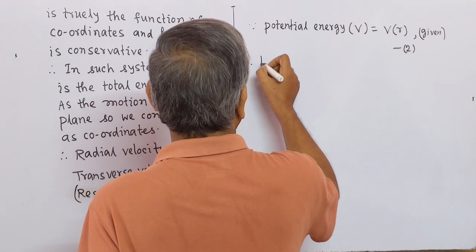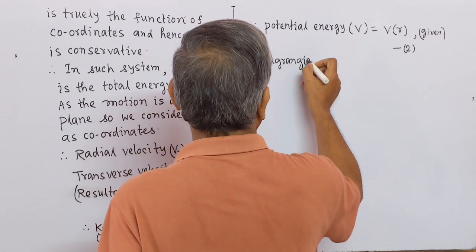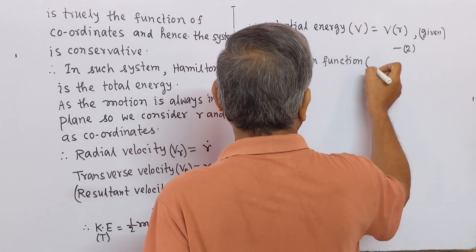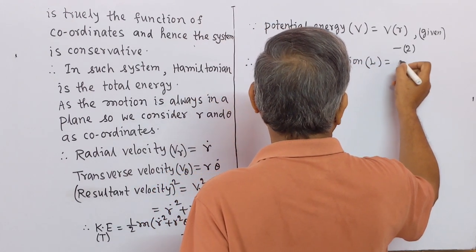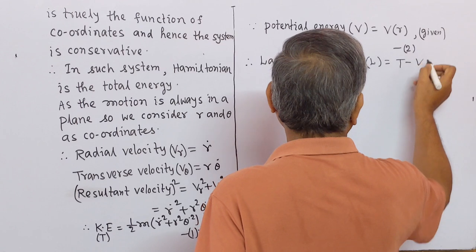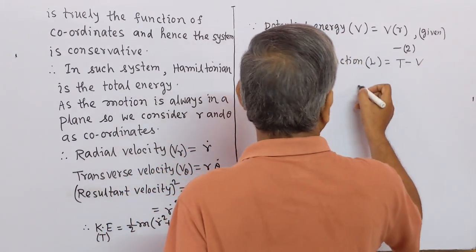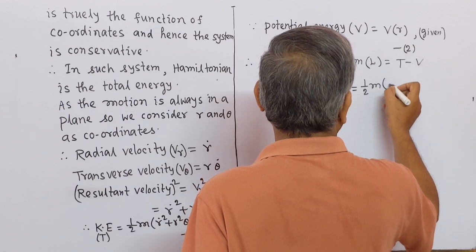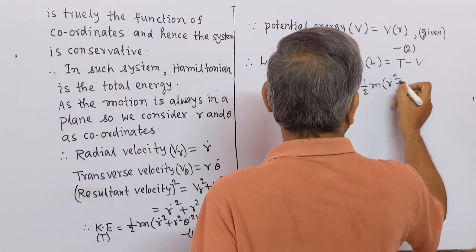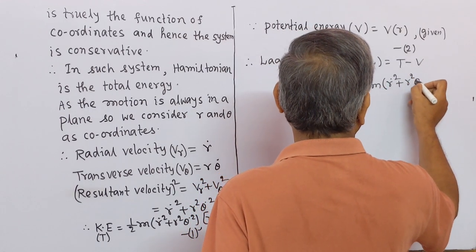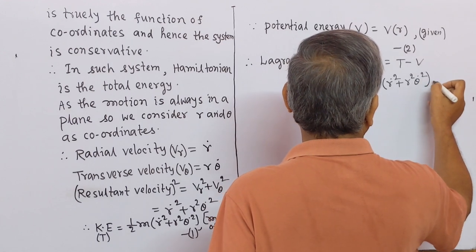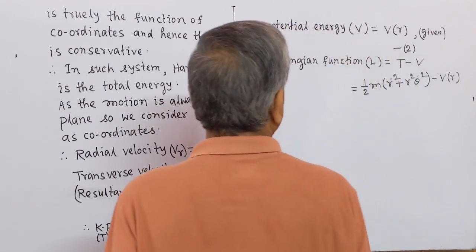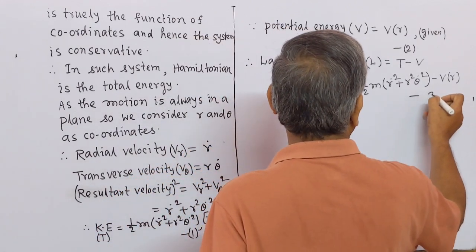Therefore, the Lagrangian function L equal to T minus V, and this is equal to half m (r dot square plus r square theta dot square) minus V(r). Let this be number 3.